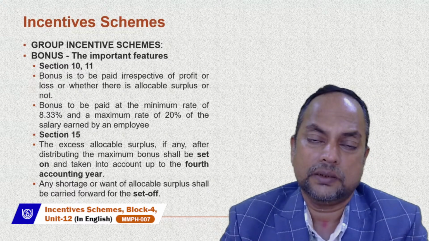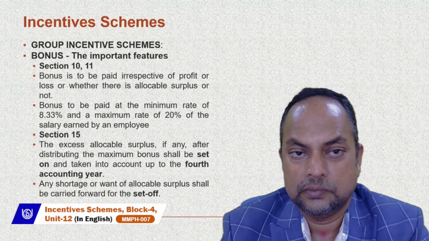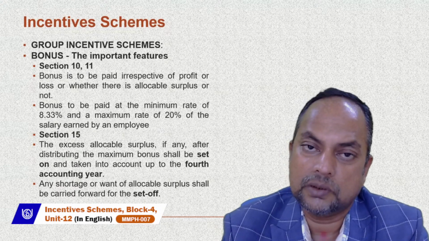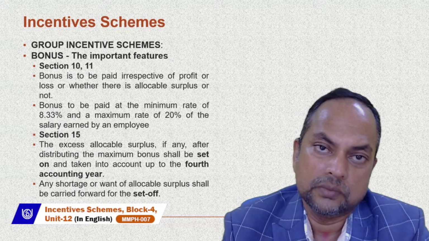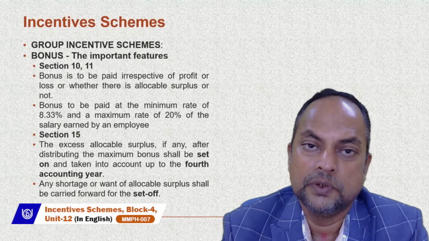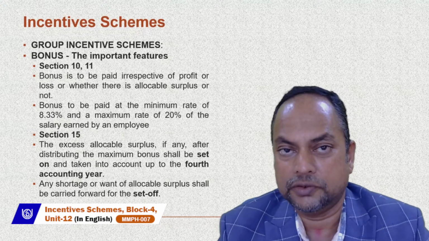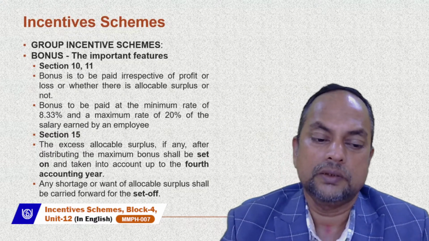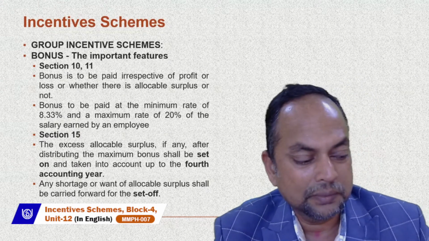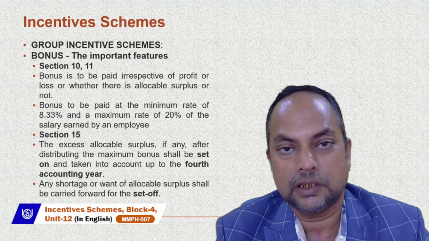So to bridge these problems of shortage of allocable surplus or a higher availability of allocable surplus, the process has to be set on or set off till the fourth accounting year. That means it can be carried forward up to the completion of the third accounting year.